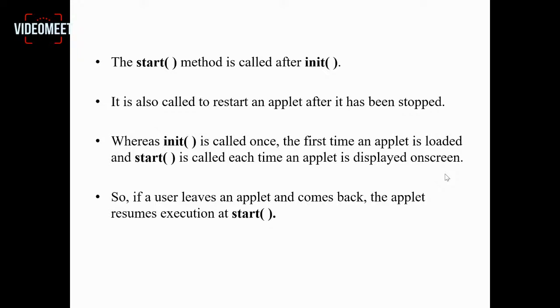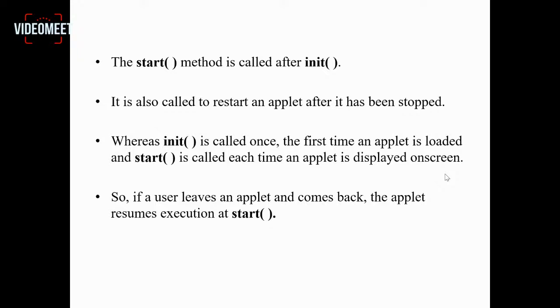So each time you maximize your applet window from the taskbar, the start method gets executed. And each time you minimize the window to the taskbar, the stop method gets executed.